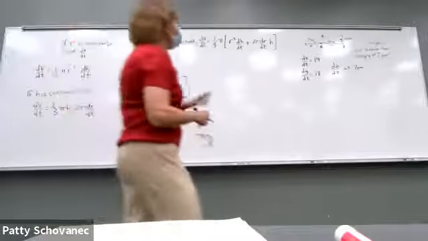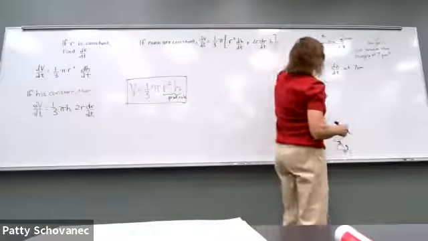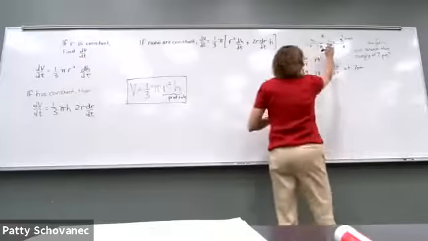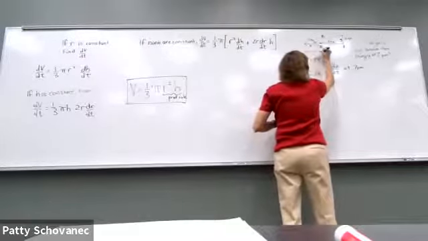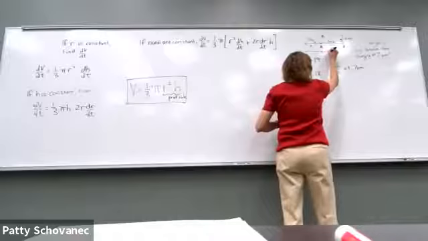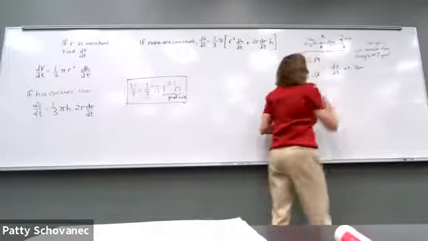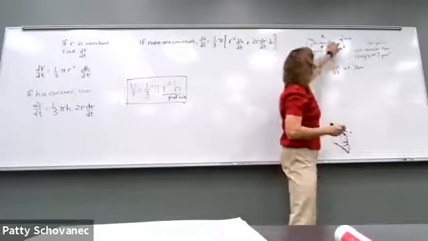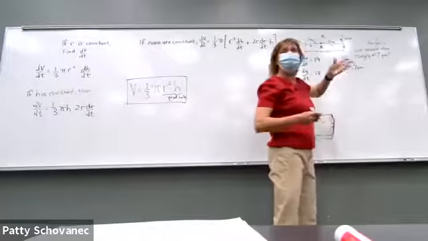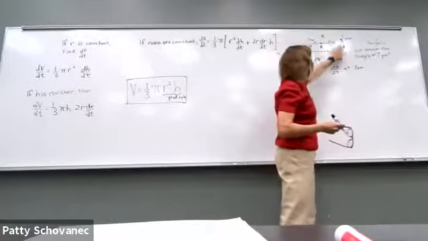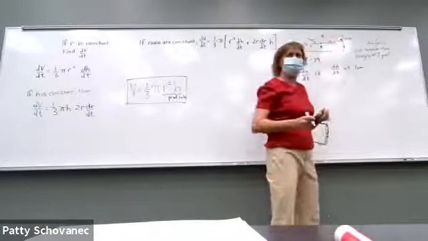And remember, x is just this distance. So to figure this distance, I just add the 20. From here to here is x plus 20. That's going to be y, and that one's going to be z. So we can use the Pythagorean theorem that says leg squared plus leg squared is the hypotenuse.